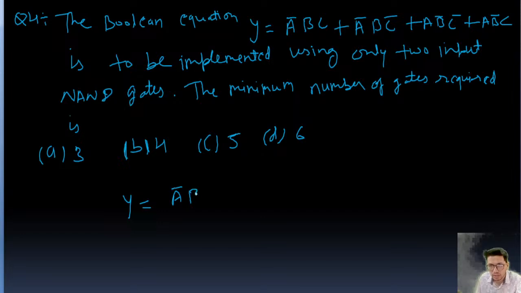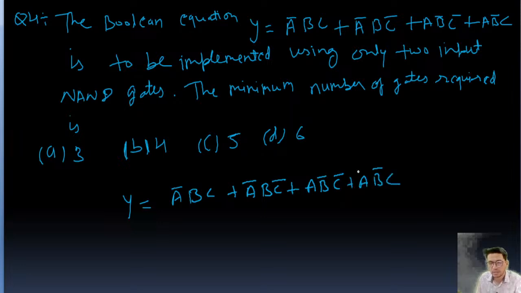So this is y equal to a bar bc plus a bar bc bar plus a b bar c bar plus a b bar c, right. So we have to first simplify this Boolean output as much as we can.